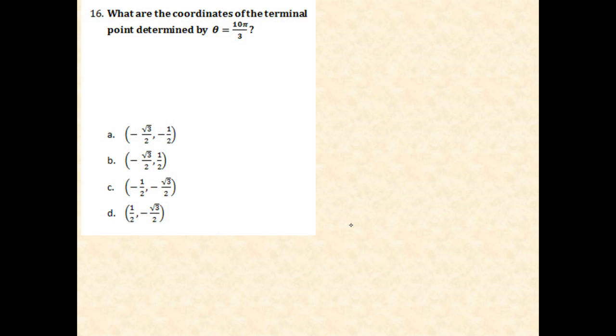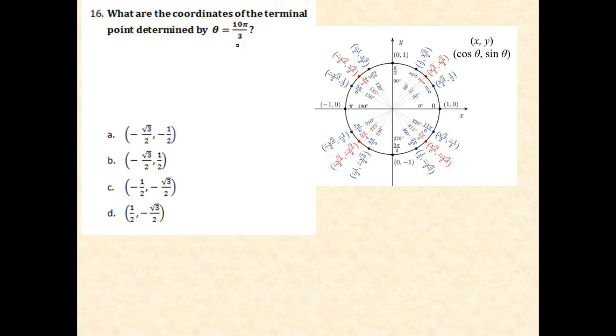What are the coordinates of the terminal point determined by theta equals 10 pi over 3? You know what's going to come in real handy on this problem? A unit circle. So 10 pi over 3. Let's see.